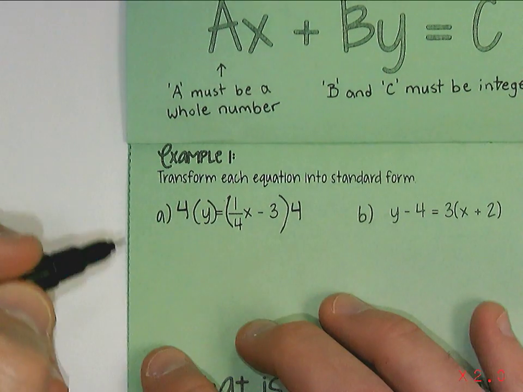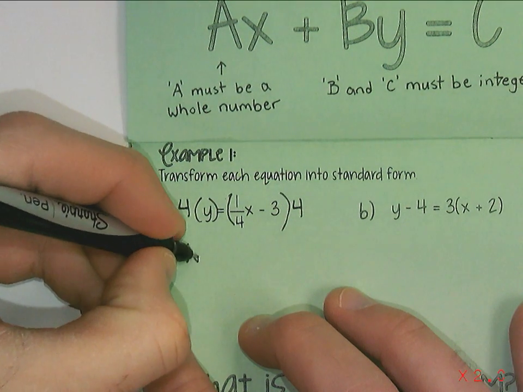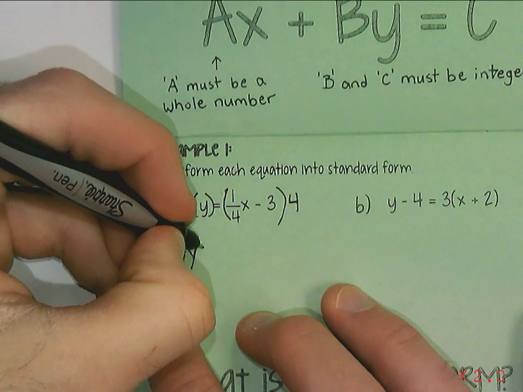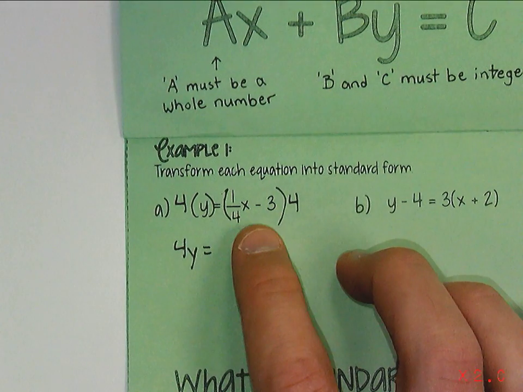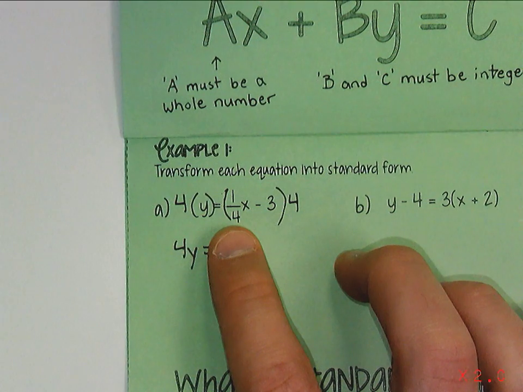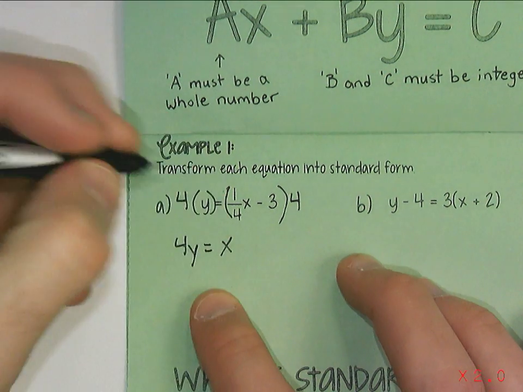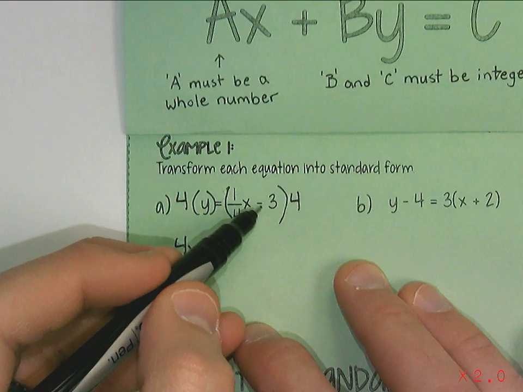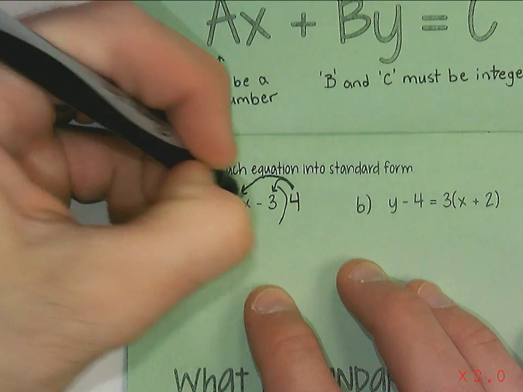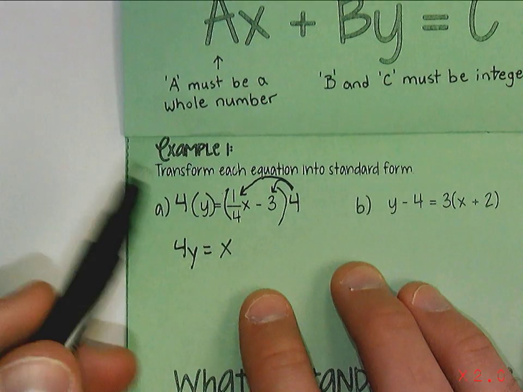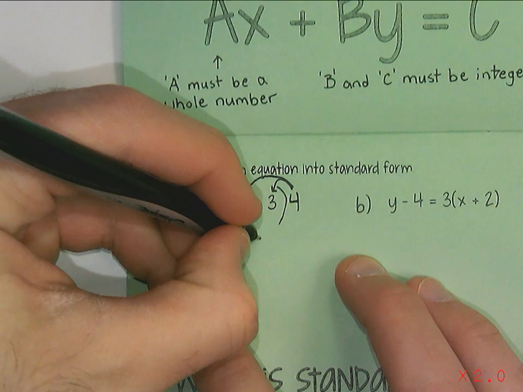So 4 times y on the left-hand side is 4y equals, if I do 1/4 times 4, I am going to get 1. So I just have x. And then what I'd have here is negative 3 times 4, remember again, the distributive property, to the coefficients and the whole number. So x, negative 3 times 4 is negative 12.